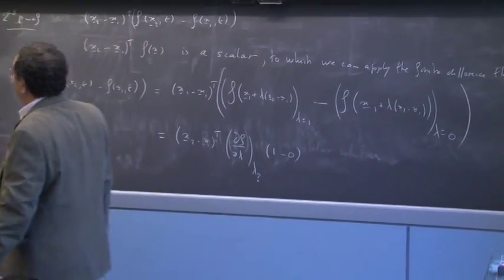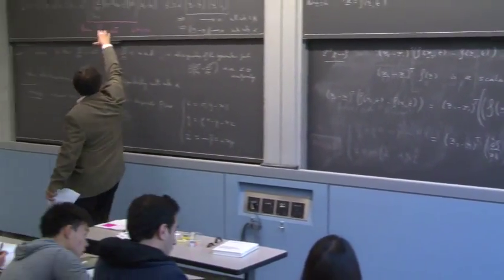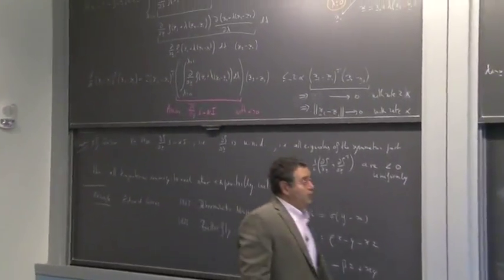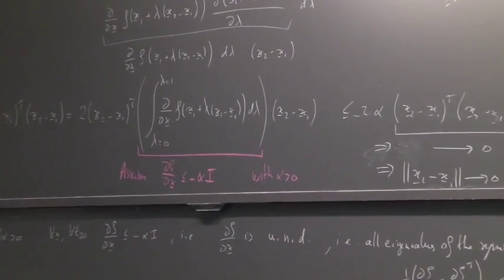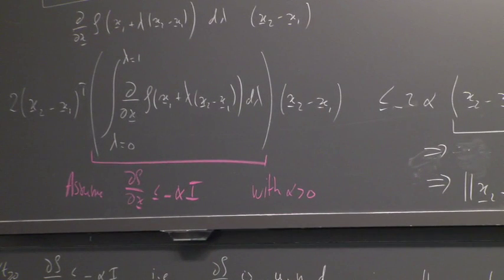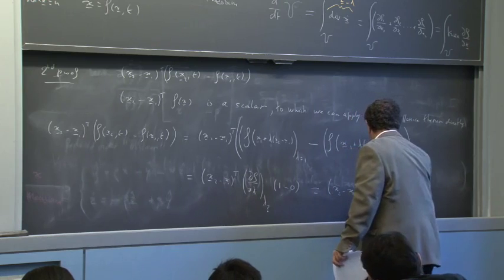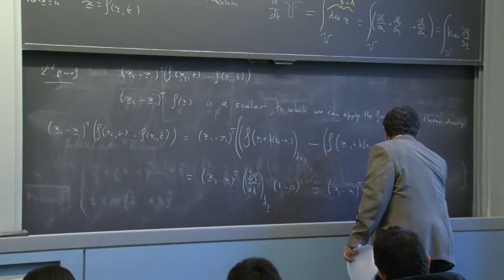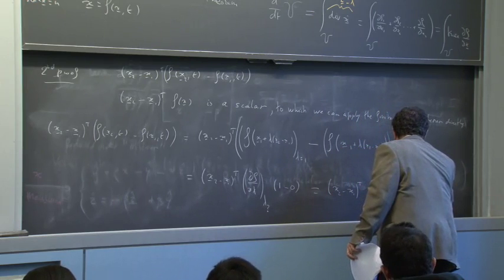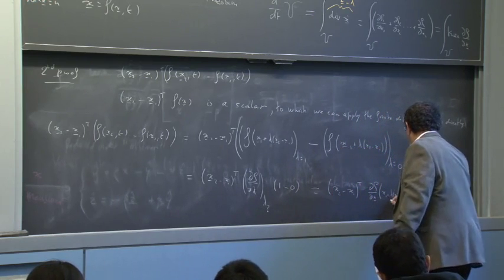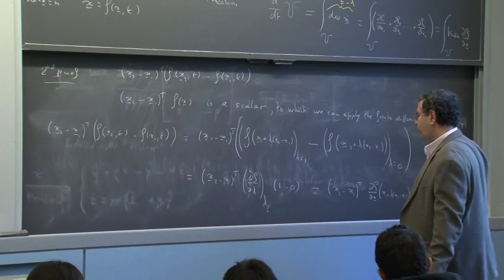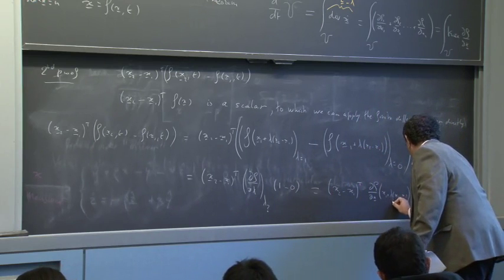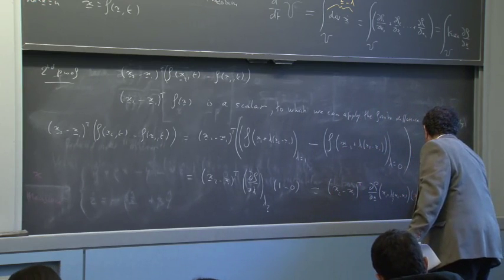And then, of course, df over d lambda we can compute as df over dx times dx over d lambda, as before. So it's x2 minus x1 transpose times df over dx at x1 plus lambda x2 minus x1, lambda question mark, times x2 minus x1.